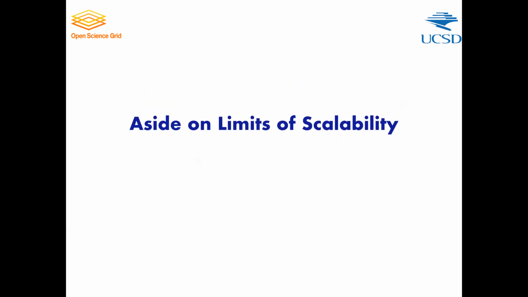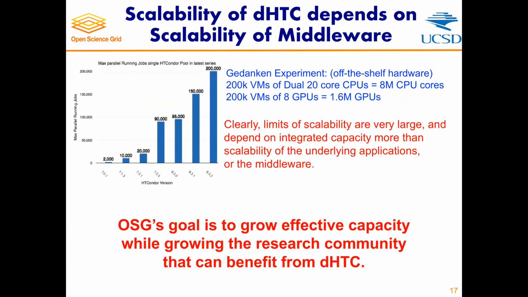One slide as an aside on limits on scalability. If you ask yourself, how large can you fundamentally scale with this kind of thing, given that the application does not provide any limit? It is ultimately the scalability of the middleware we use. And what I'm showing here is the scalability of Condor as a function of releases as measured in collaboration between the Condor team and the OSG team.